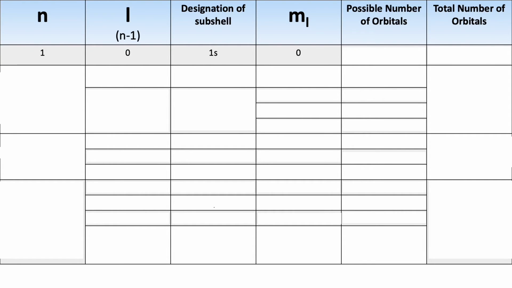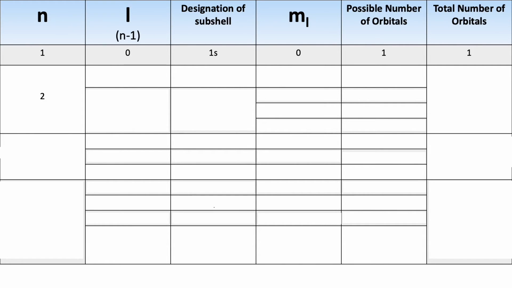For the 1s subshell, there is only a single orbital possible, which makes that single orbital the only orbital contained in the first energy level. In that single subshell of 1s, 2 electrons can be occupied with opposite spins. Next, the case where n equals 2.